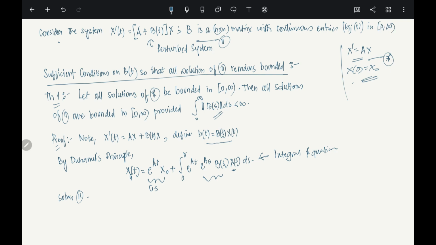Here you see that all solutions of the homogeneous problem, x prime equals Ax, are bounded, that is given, right?